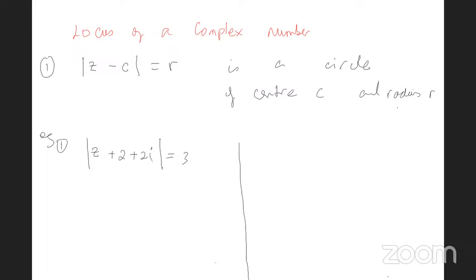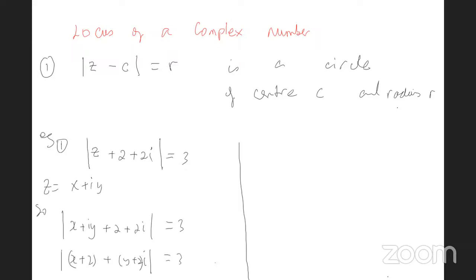So remember, z is equal to x plus iy. So what we have here is the modulus of x plus iy plus 2 plus 2i is equal to 3. Let's separate inside the modulus sign: we bring the real part together and the imaginary part together. How do we find modulus?